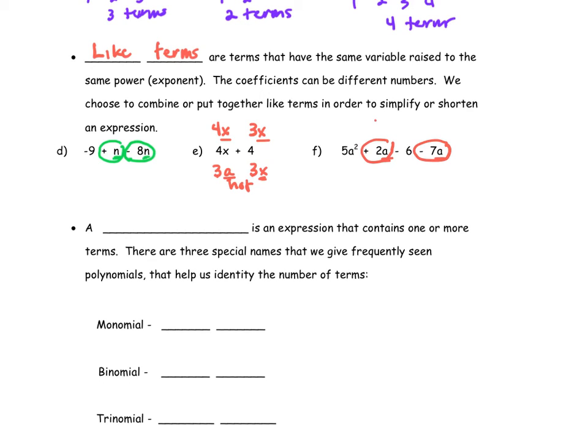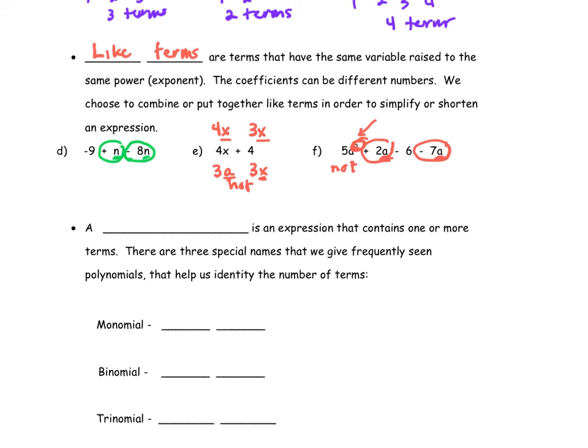Some of you might have wondered if this was a like term because we see a, but because of this little exponent, it's not a like term. It's only a and a, but the minute we put this little exponent on it, it doesn't get to be a like term. Okay, so let's try to finish this up.